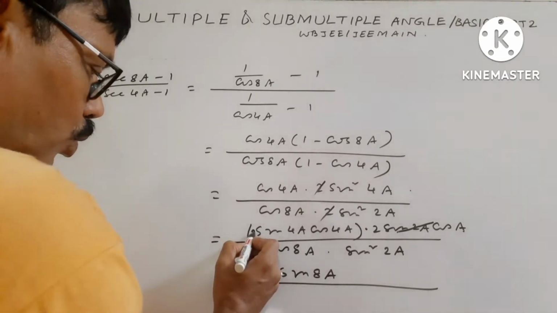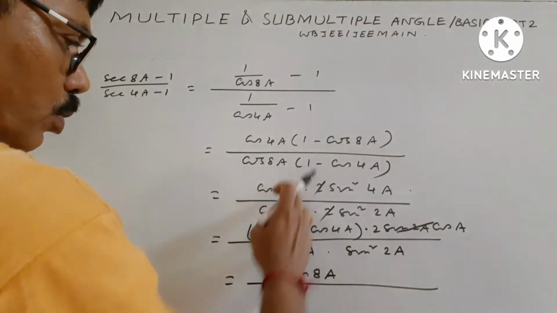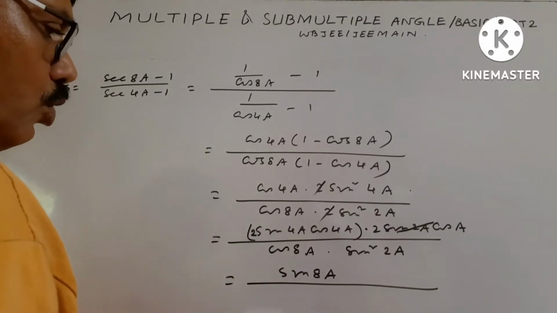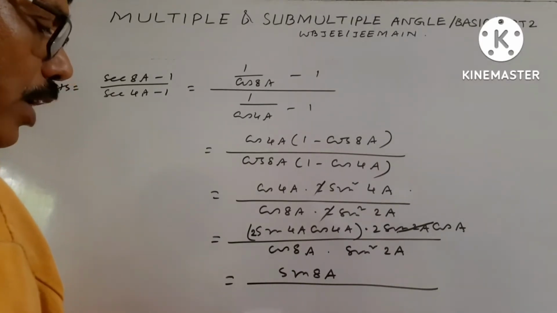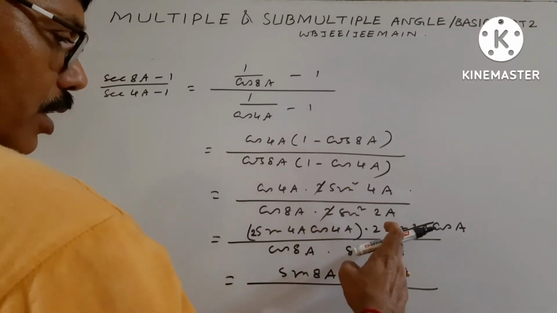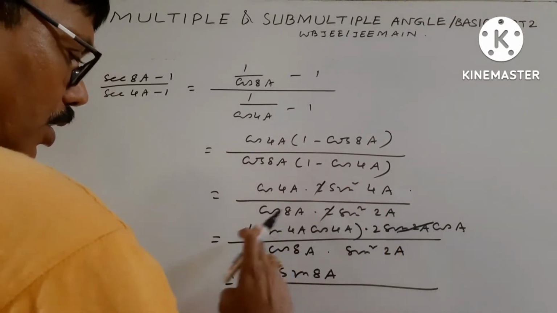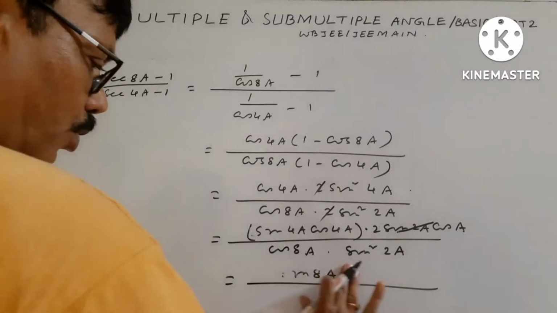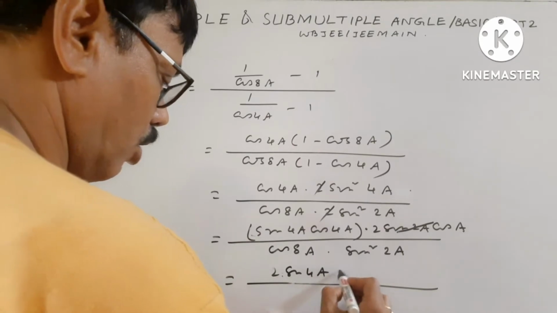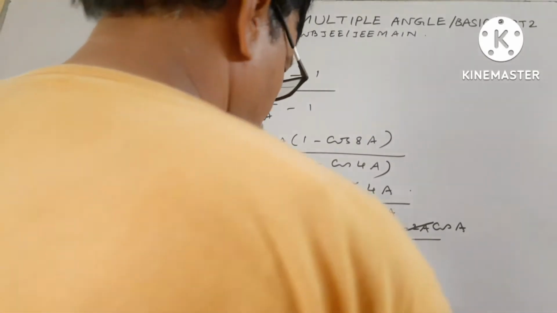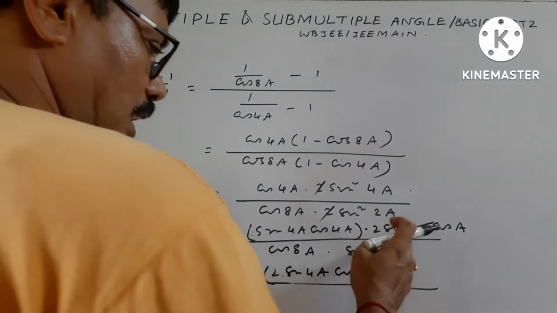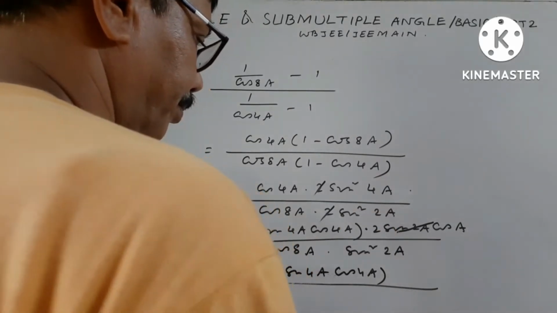Here 2 sin 4a cos 4a. We are taking 2 here, and this is sin 4a. So write one step more: 2 sin 4a cos 4a. Taking 2 here, and 1 sin 2a is cancelled.